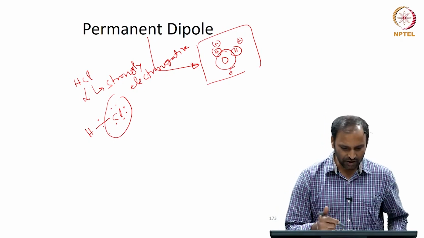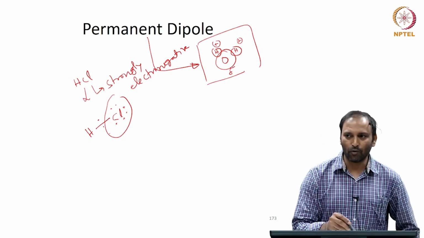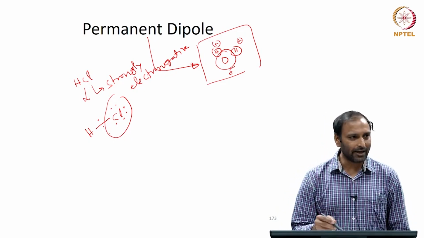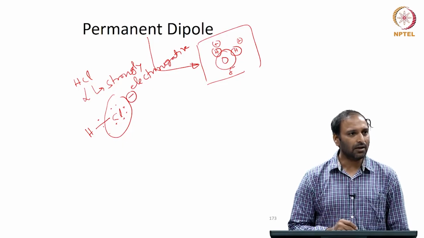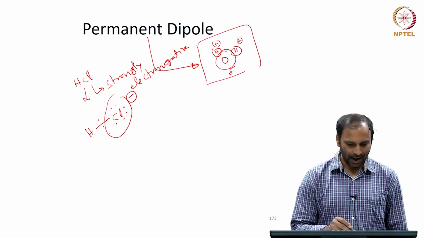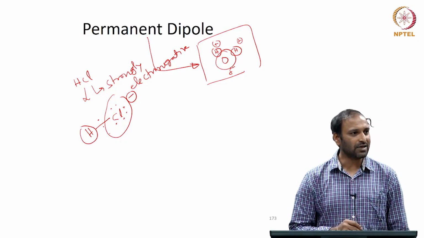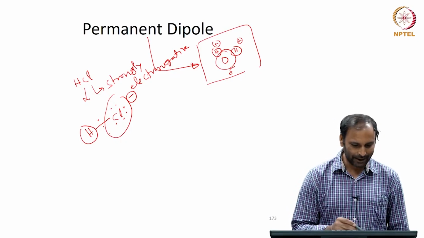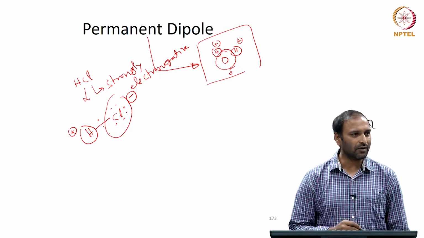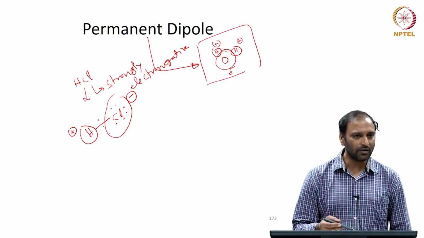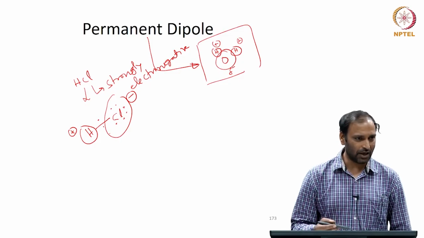Because of this, the end of the molecule which has the strongly electronegative atom acquires a partial negative charge, and the end which has the less electronegative atom will have a slight positive charge.